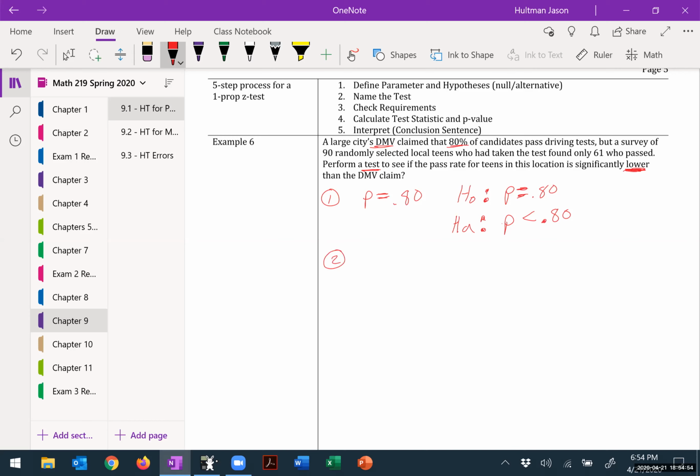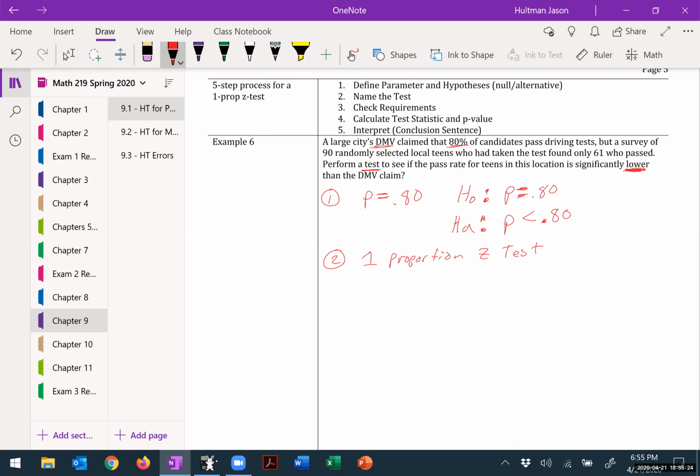Okay, number 2, name the test. What type of test are we using? Well, we're using proportions and we're using a Z, normal distribution to test against with our proportions, and we're only using one proportion. So this is called a one proportion z-test.